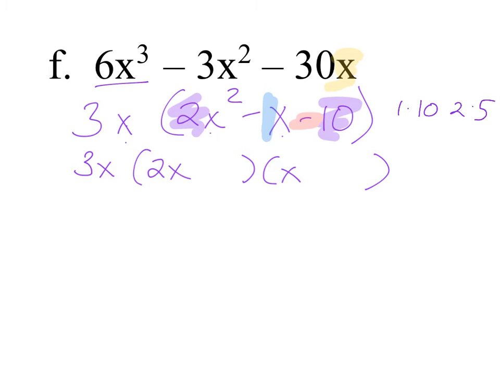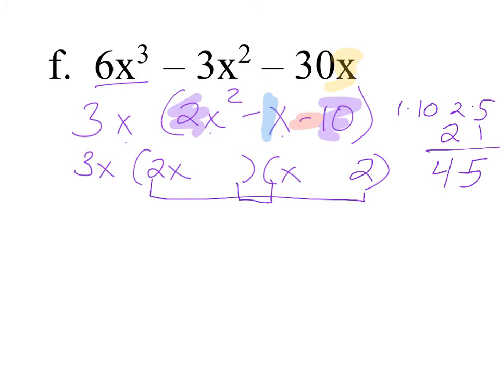Well, since I'm factoring to 1, it's going to be easier, I think, to work with the 2 and 5. 10 and 1 is too far apart. They're never going to do that. So 2 times 5, and I have a 2 and 1. So this gives me 4 and 5, which will subtract to 1. So it's 2 times 2, and the 1 times the 5.